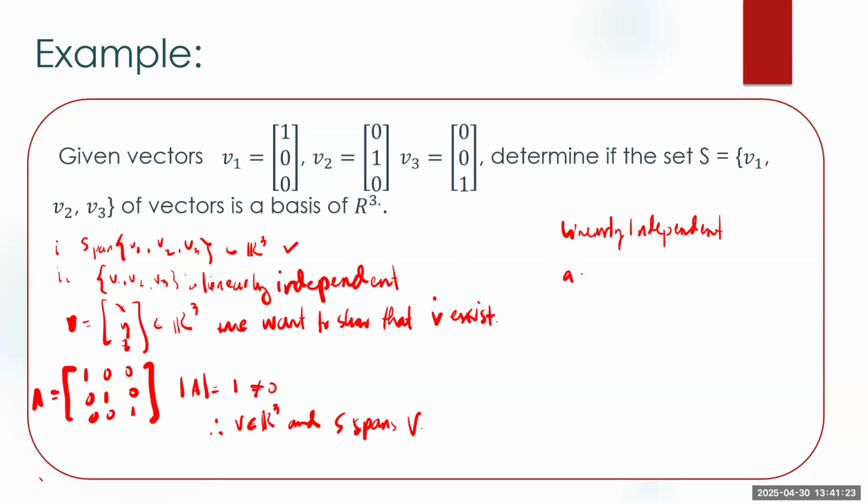So for linear independence, we have A1 V1 plus A2 V2 plus A3 V3 equal to the 0 vector.